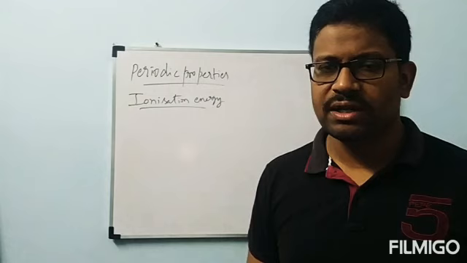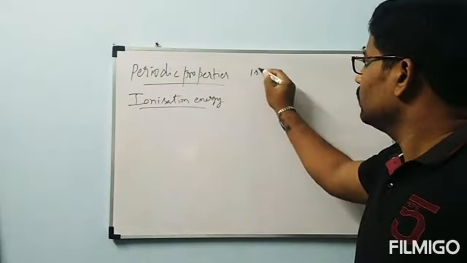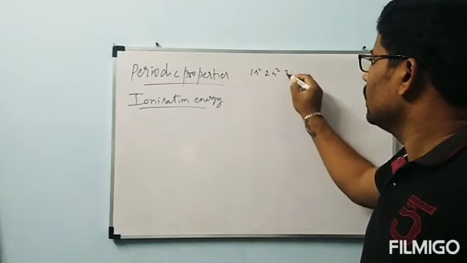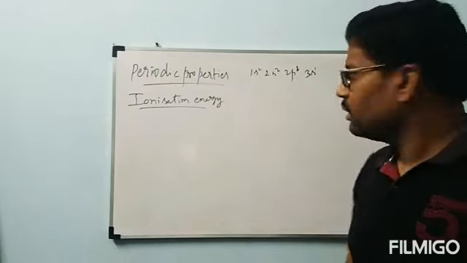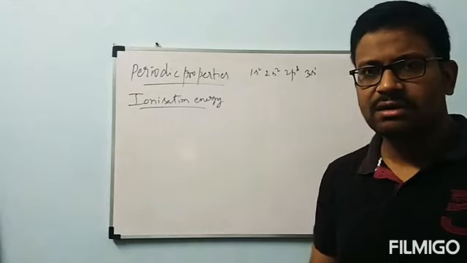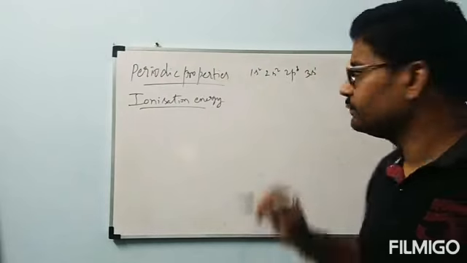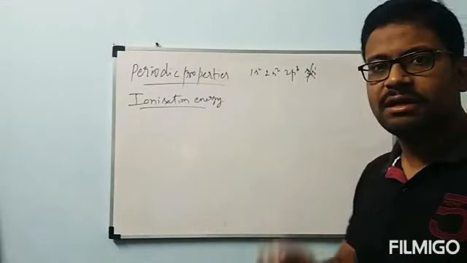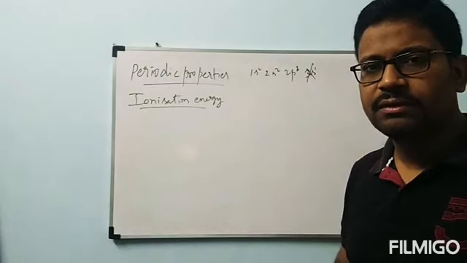Let us consider sodium. Sodium electronic configuration is 1s2, 2s2, 2p6, 3s1. The third shell contains 1 electron. We can remove that electron easily by applying IE1. Then what about IE2?